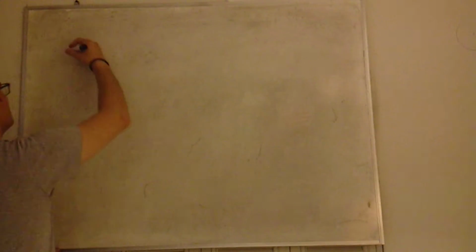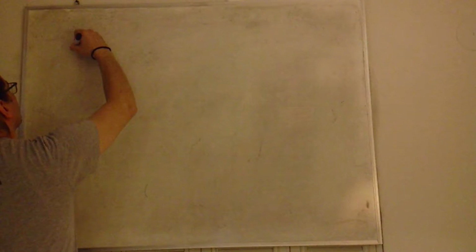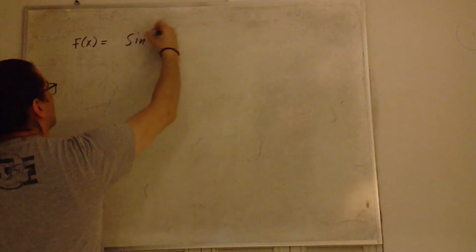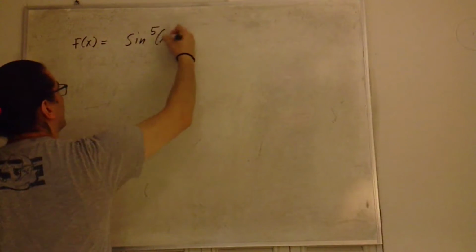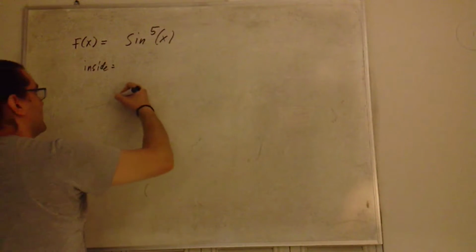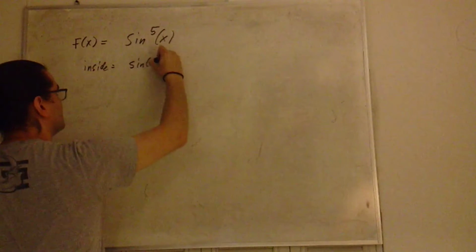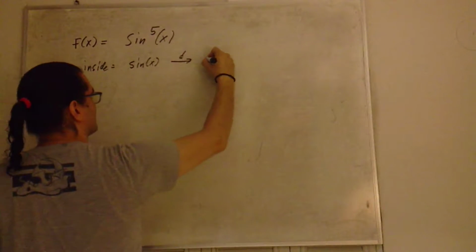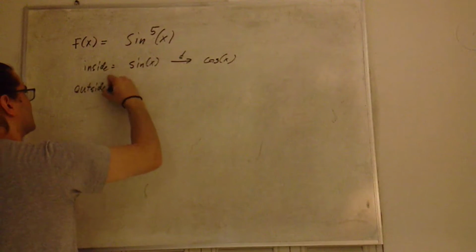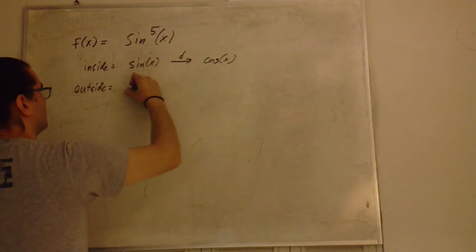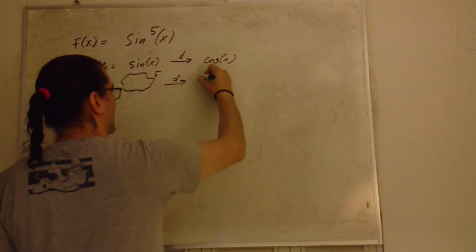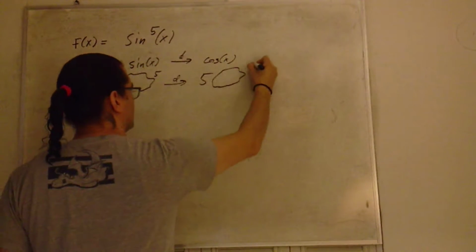Quick review of the chain rule. If we have a function like f of x equals sine to the 5th x, we can identify the inside function as sine of x, and its derivative is cosine. We can identify the outside function as something to the 5th power. The derivative of that is 5 somethings to the 4th power.